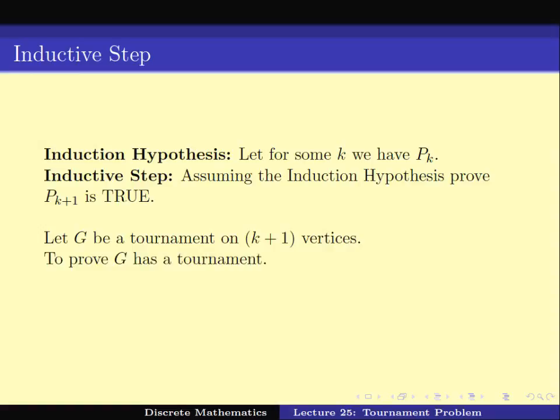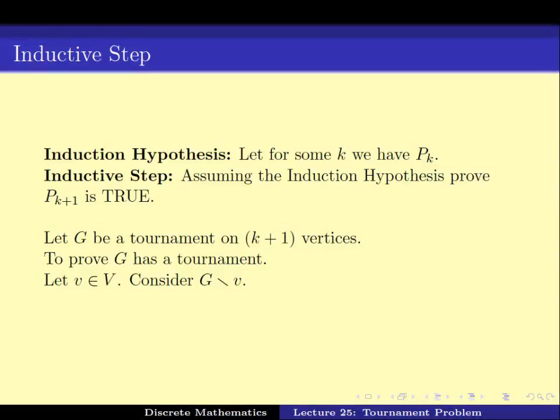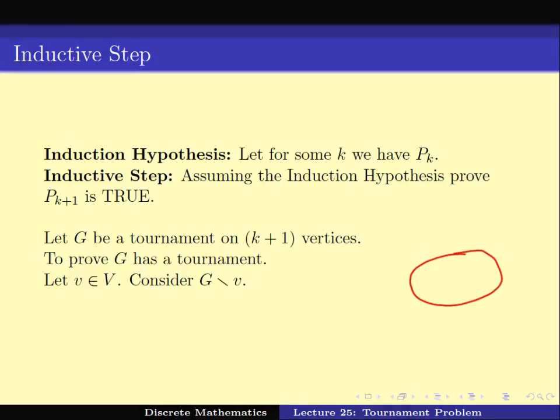So here, if G is a tournament, we start with any vertex V. Now, how does it look? So here is the graph G, and I picked up a vertex out of it. So this is V, and this is G minus V, right? And there are edges from V to all the vertices in G minus V, and they are oriented in some direction, which we don't know.